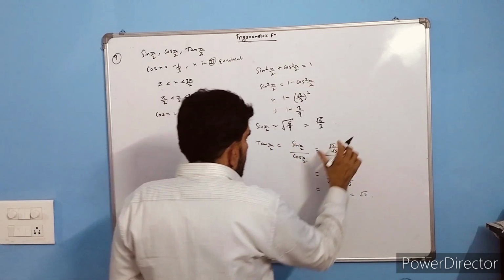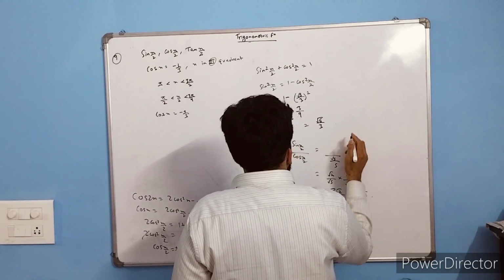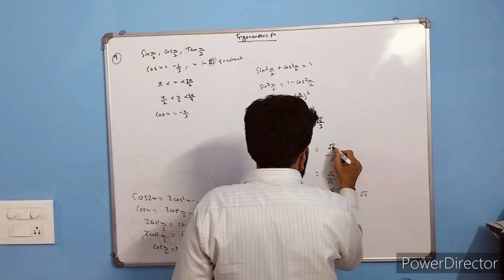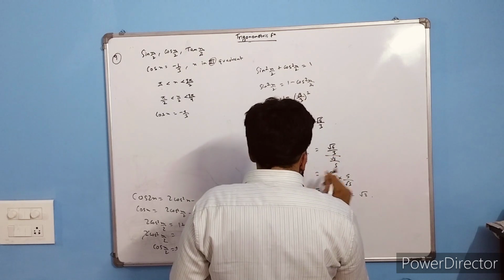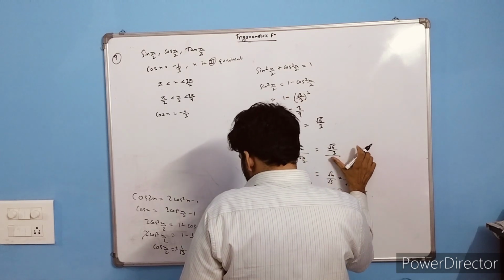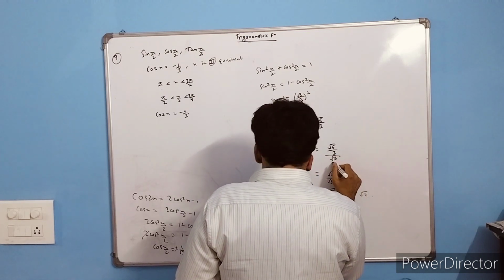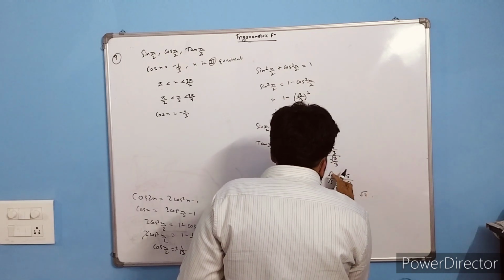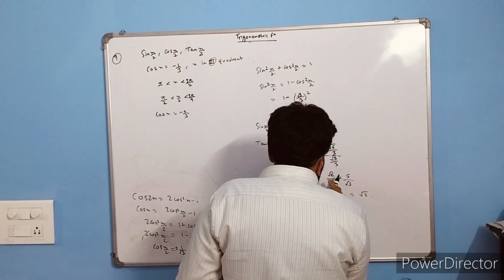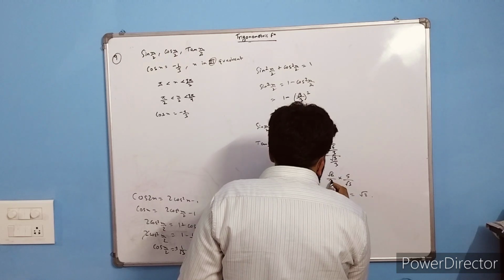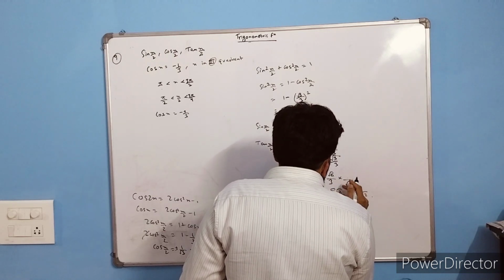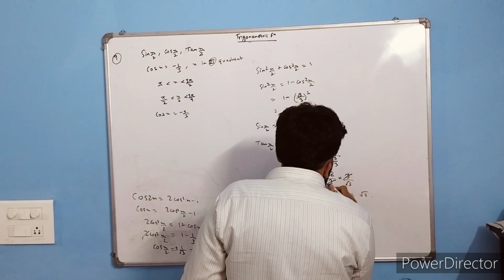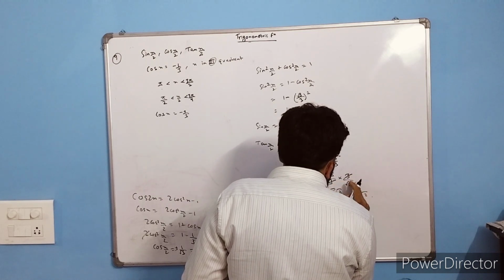Now we'll find the value here. We have sine as root 6 upon root 3, and cos x by 2 we have root 3 upon 3. So now I will take this upside, root 6, here we have 3, and here we have 3, root 3.